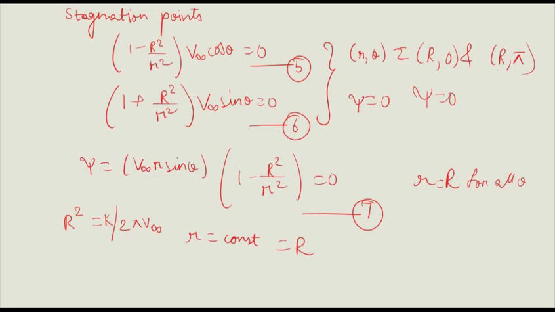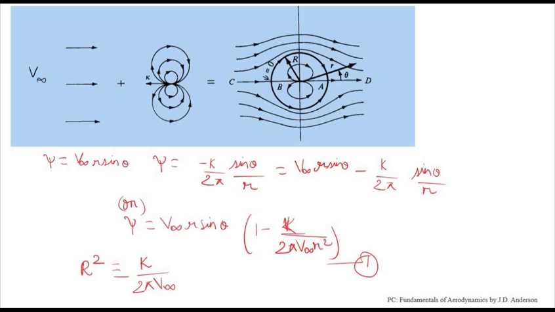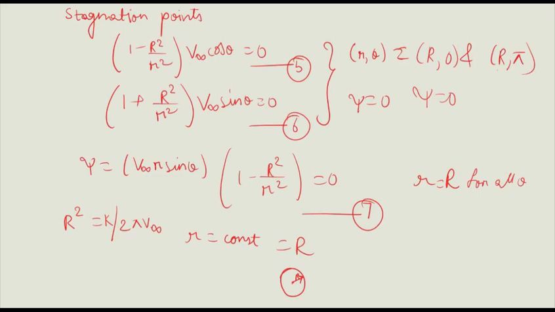And this would give me the equation of a circle with radius R, correct? As you can see here in figure 1, we have a circle with radius R. So this equation 7 describes a circle with radius R.